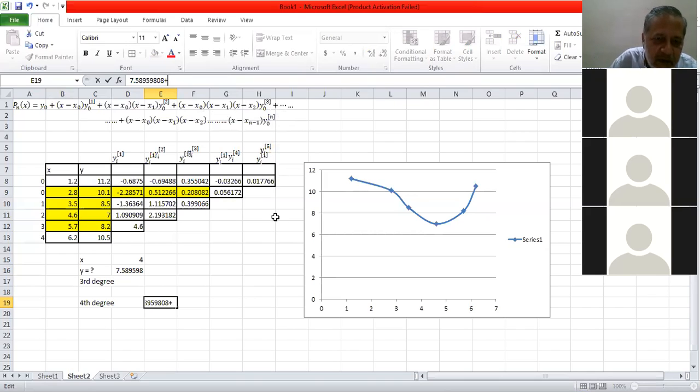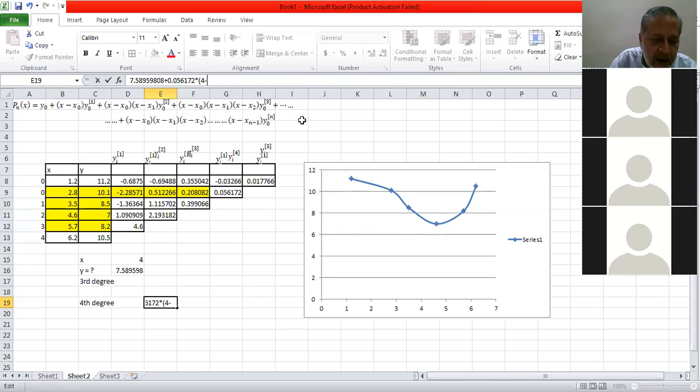That will be this value, so 0.056172 multiplied by what? थर्ड ऑर्डर में 3 प्रोडक्ट्स थे, फोर्थ ऑर्डर में 4 प्रोडक्ट्स होंगे.